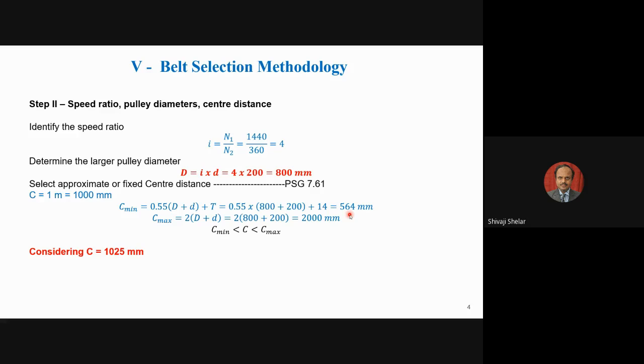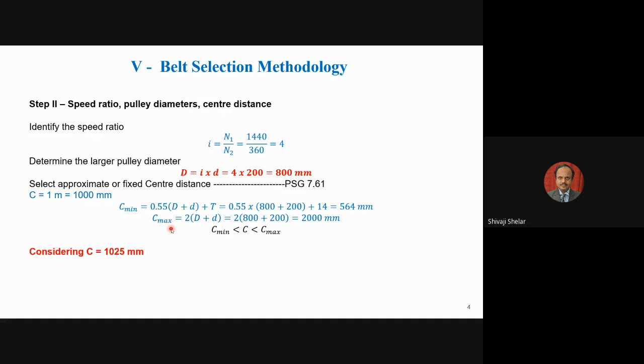This comes out to be 564 millimeters. So your center distance cannot be less than 564 millimeters. This is the minimum distance. And the maximum distance, 2 into (D plus d), is 2 into (800 plus 200), which is 2000 millimeters. Your center distance should not be greater than C max, that is, not greater than 2 meters.